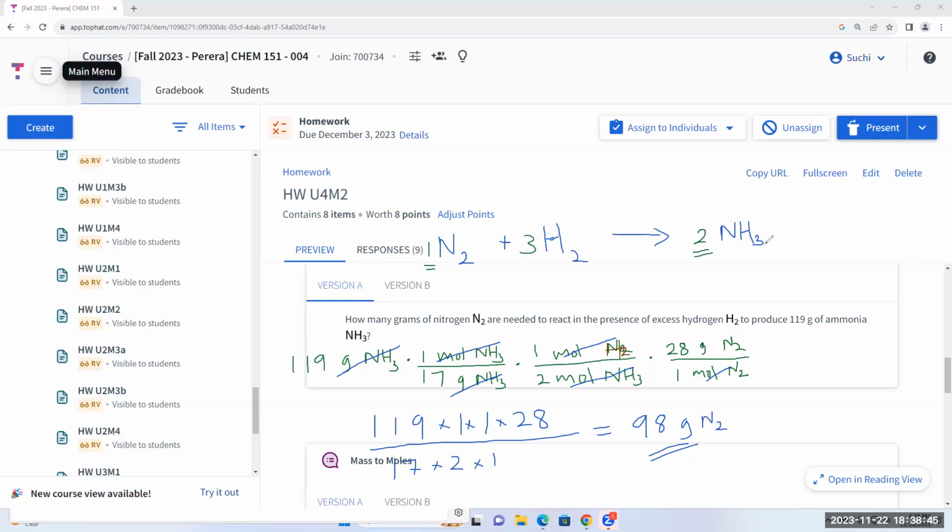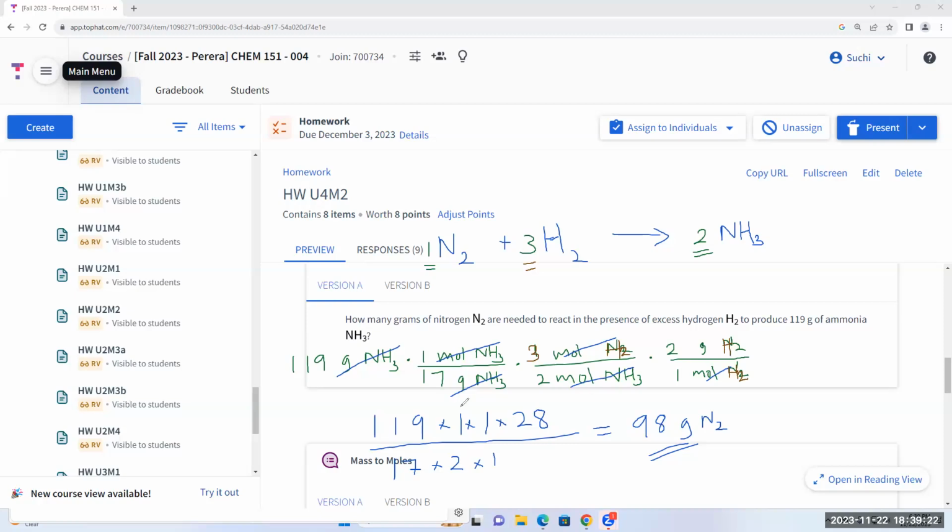In the balanced chemical equation, to get 2 moles of NH3, we need 3 moles of hydrogen. Therefore, this should be 3. And also, the mass of 1 mole of hydrogen is not 28 grams. It is 2 grams. So we need to write 2 instead of 28. So 1 mole of hydrogen is 2 grams. So this is what you need to do.